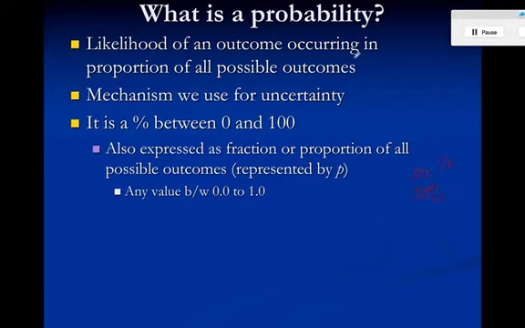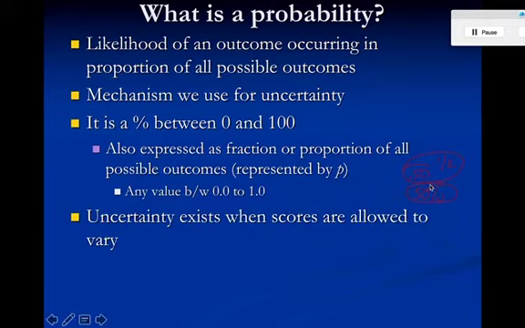So you can represent probabilities as proportions, as fractional values, or as percentages, whatever you would like. But you just have to make sure that you represent them the appropriate way. If we're going to say it's a fraction, it's going to be 1 divided by 2, or 0.5, or 50%, and we have to make sure that we put the percentage sign on there.